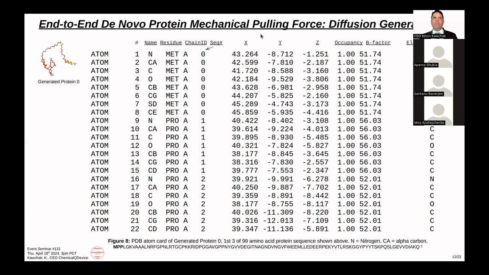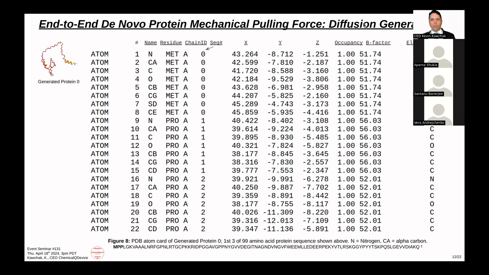I believe this X, Y, and Z is printed off when it generates the protein. In 3D space, in this cube where the protein sits, the X coordinate is 43, -8, -1 for this first nitrogen on the very first amino acid. Likewise, the alpha carbon sits at this specific one.